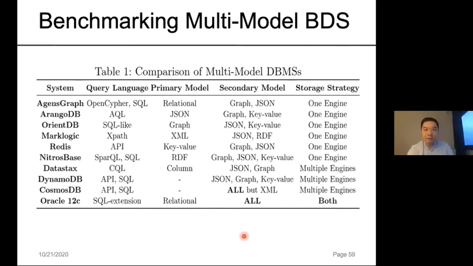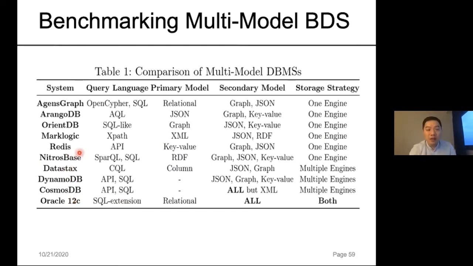And table 1 gives a comparison of multimodal databases. There are native multimodal databases, for example, ArangoDB, MongoDB, and OrientDB, which support cross-model query processing. And there are original NoSQL databases that extend their original data store to support multimodal data management.